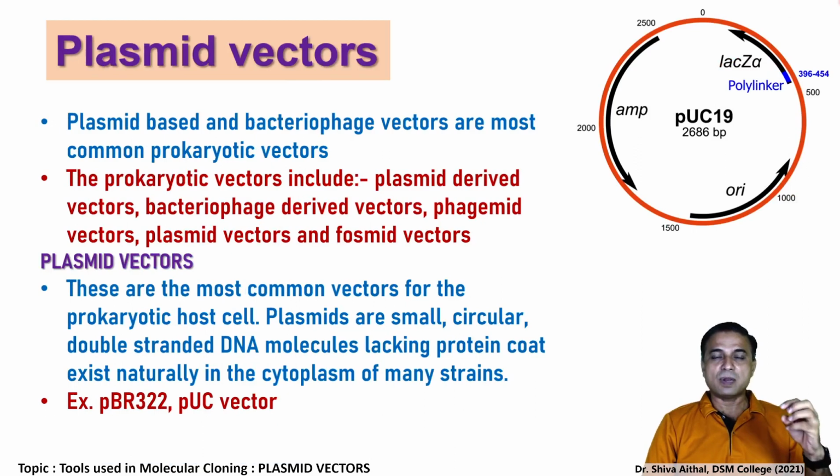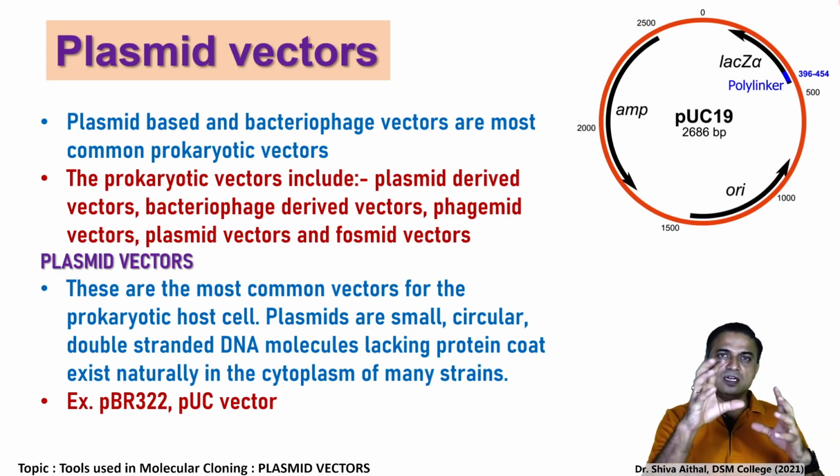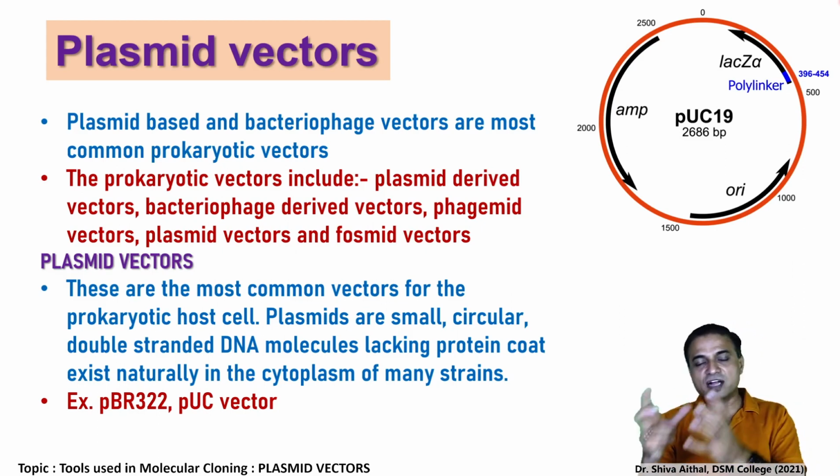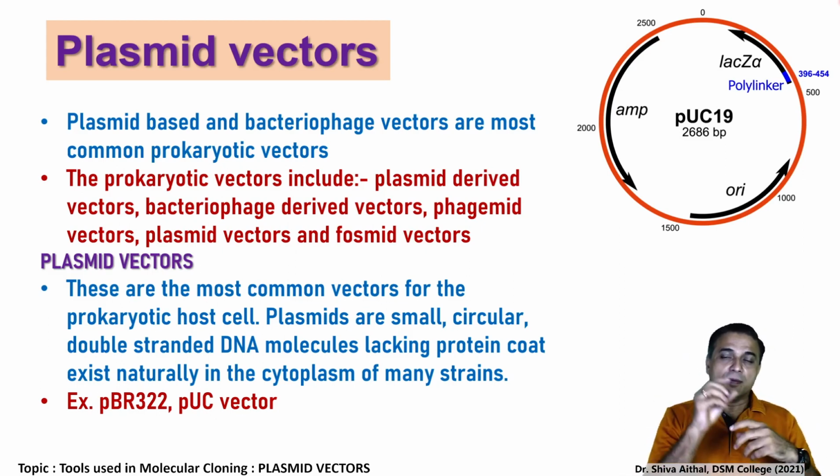What is a plasmid vector and what is its significance? Plasmids are extra chromosomal DNA present in the bacterial cell, and phages are parasites on bacteria, called bacteriophages.